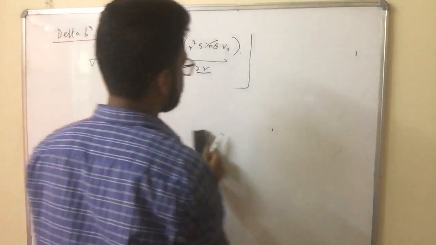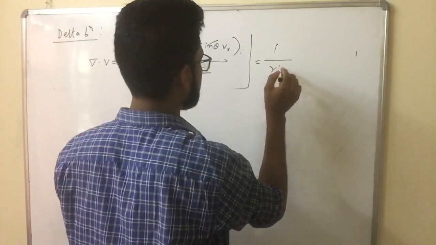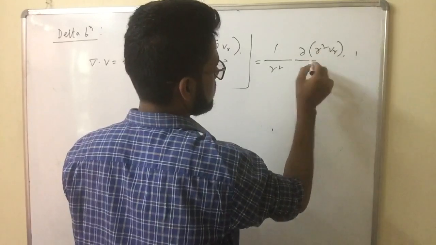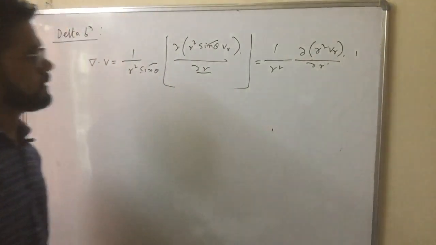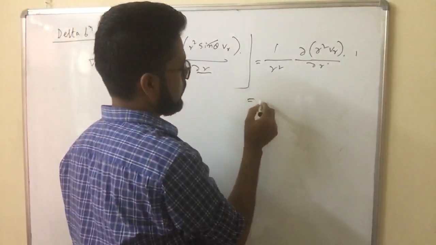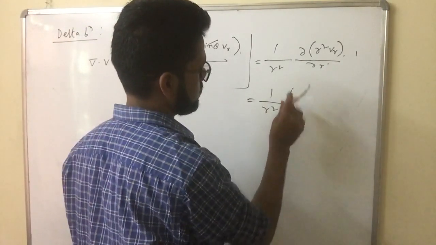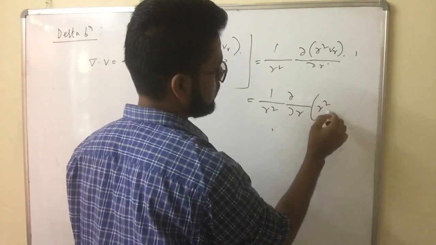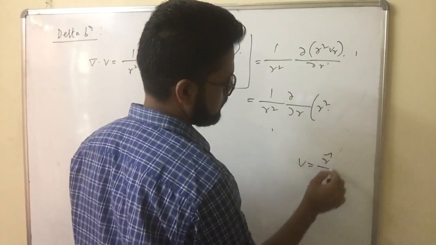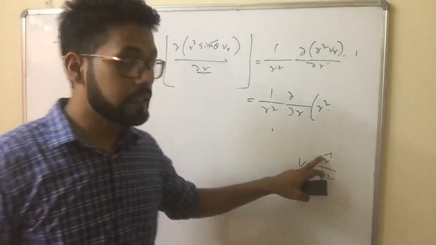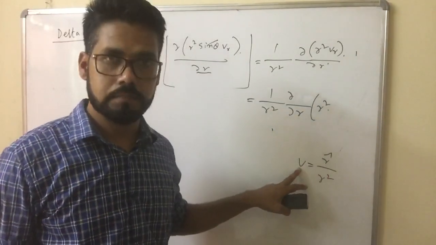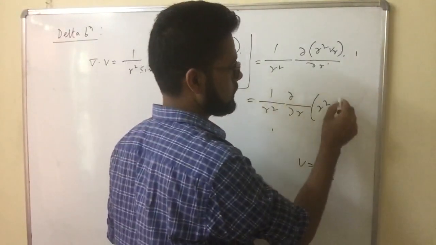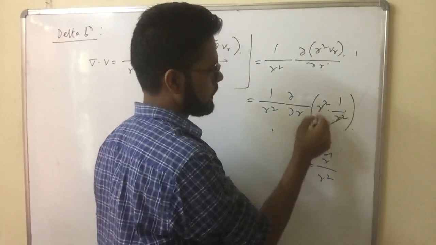So I get 1 by r squared, d by dr of r squared V r. Now put V r equal to 1 by r squared. But don't put r cap, because r cap is the unit vector of V, along the r direction. Divergence is a scalar quantity, so you only put the magnitude. So the r squared cancels.